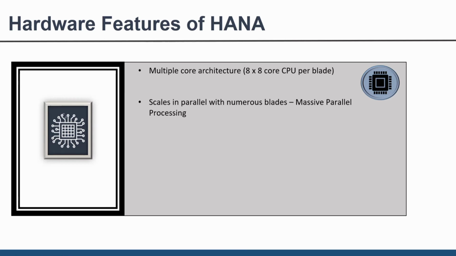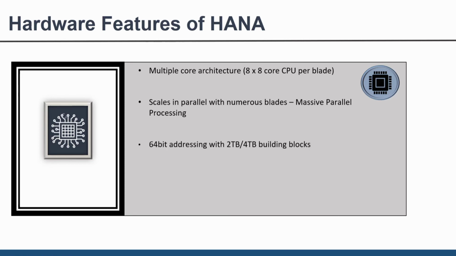The databases which were built prior to HANA were using CPUs with a single core. And in HANA, you can see multi-core architecture, CPUs with multiple blades, and that is why you can achieve massive parallel processing, that is MPP, with HANA, and that is why you can get better performance.